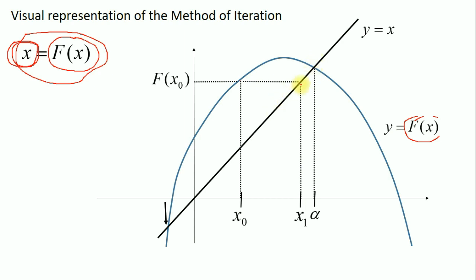This line y equals x means this value will equal this value, which is x1. So we can conclude that x1 is actually equal to this value.